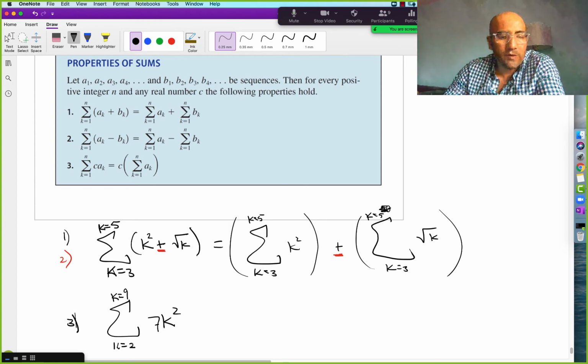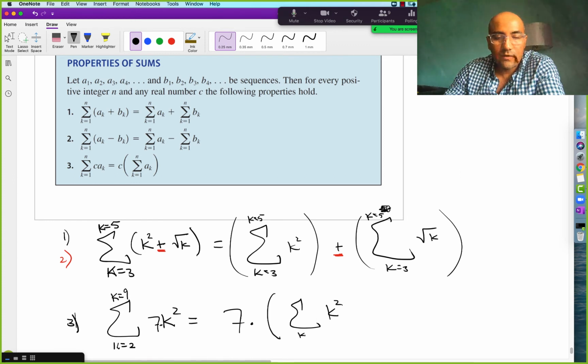So I'm going to do k equals 2, k equals 3, k equals 4. Okay, so that one is saying, well, there's this constant here that we're multiplying, so we can just put it on the outside and then figure out what this is, the sum of k squared as k goes from 2 to k equals 9. Figure out what this is, multiply by the 7, and you'll get the same result as this one.